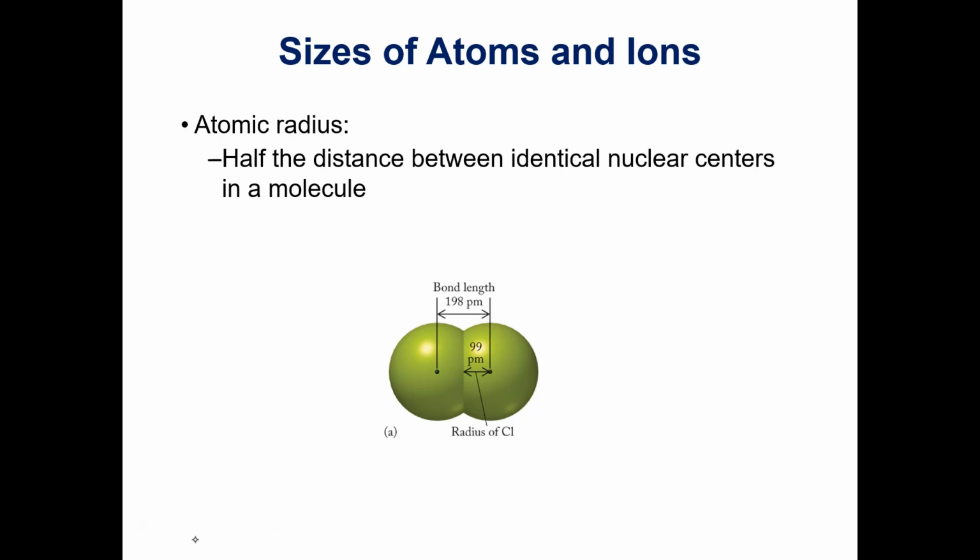So we'll start with atomic radius. Atomic radius is half of the distance between identical nuclear centers. So for example, if we take something like Cl2 and we take the distance between the 2 nuclei and we measure that bond length, and then we divide that bond length in half, half of that bond length is the atomic radius.